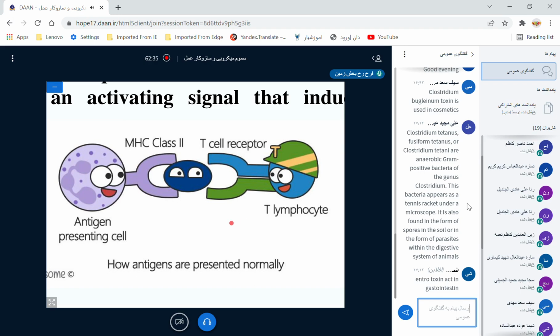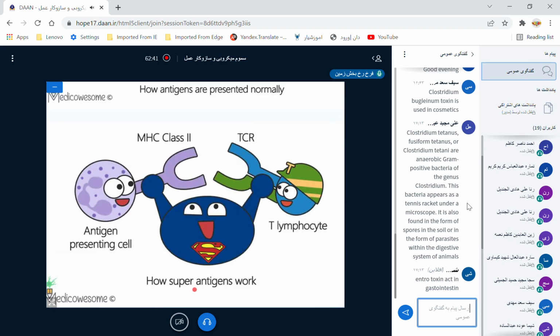Exotoxins are not normal. Some exotoxins do not look like a simple antigen. We call them superantigens. They are not simple antigens. They are superantigens.